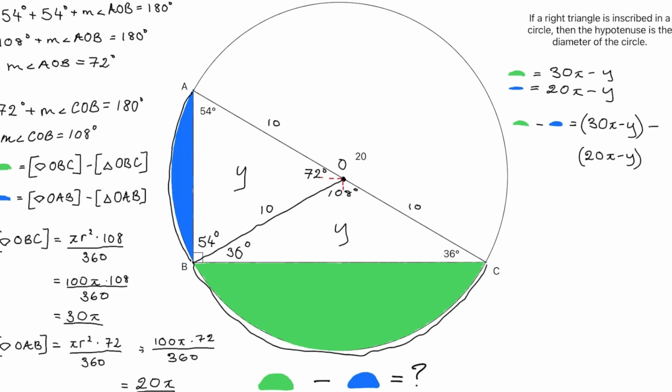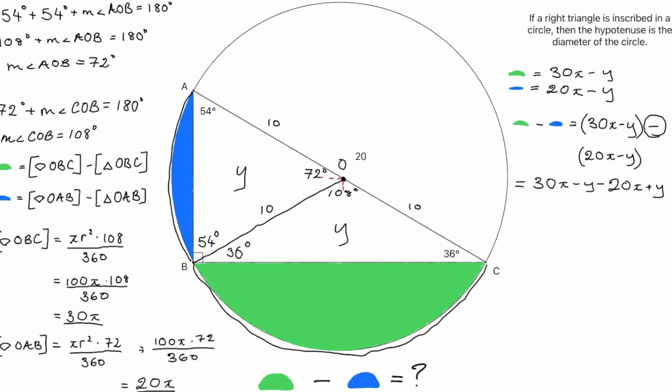If we distribute this negative and remove the brackets, we get that this equals 30 pi minus y minus 20 pi plus y.